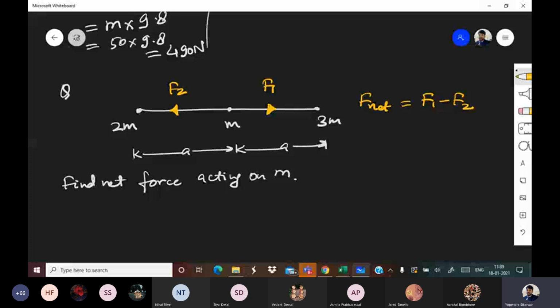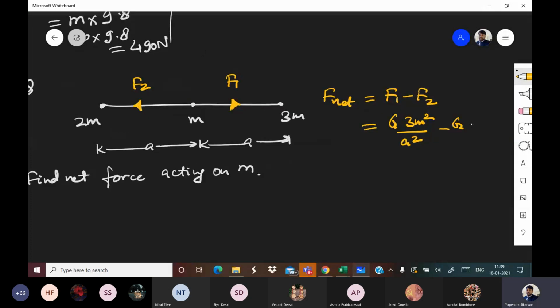That means G into 3m square upon A square minus G into 2m square upon A square. And that becomes gm square upon a square, and direction will be towards right.